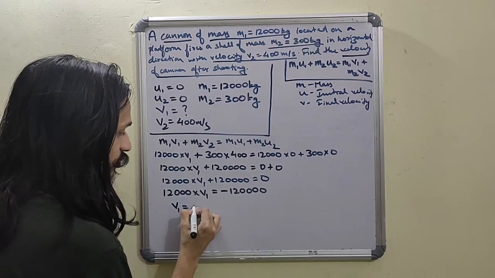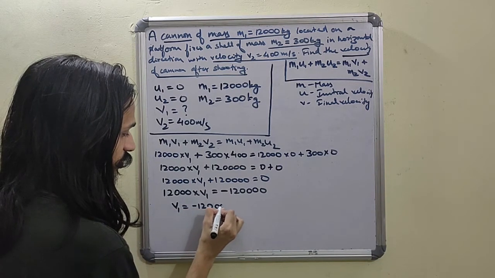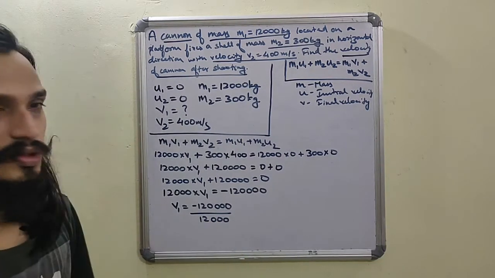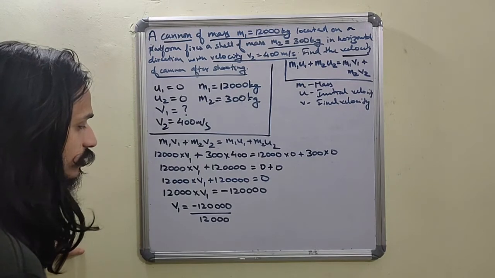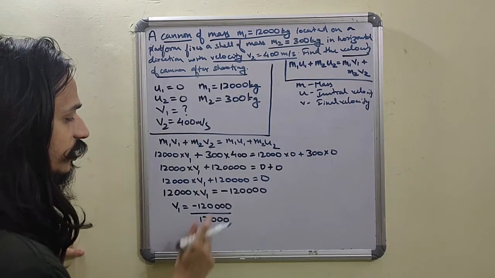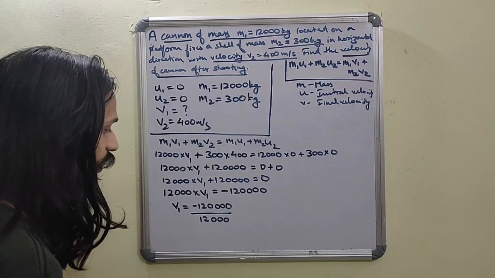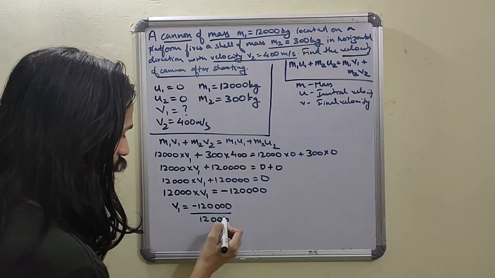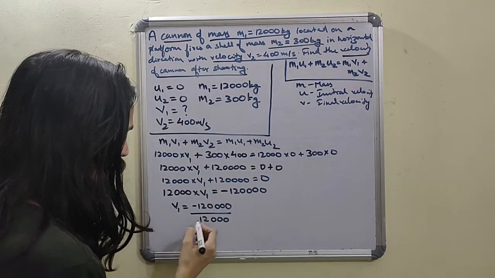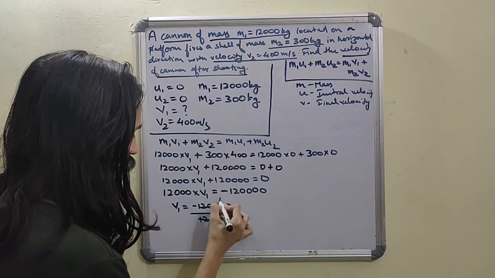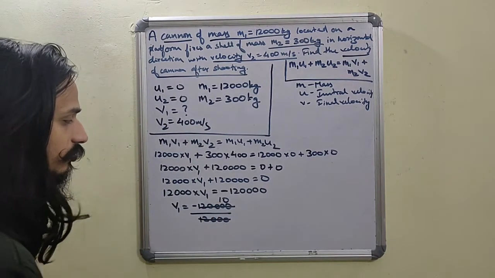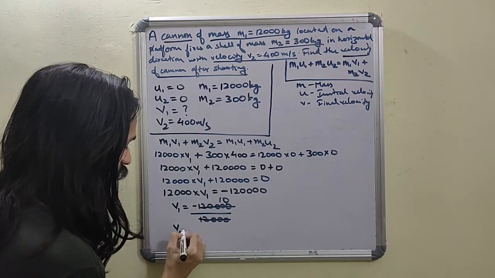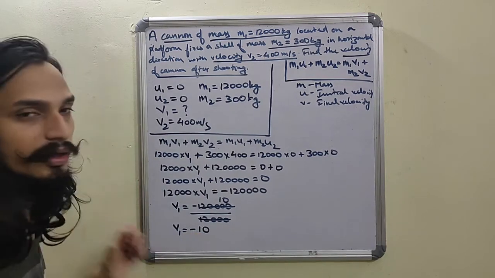So v1 equals minus 1,20,000 divided by 12,000. 12,000 into 10 gives me this, so one extra zero remains, minus is there and 10 is remaining. So v1 equals minus 10.